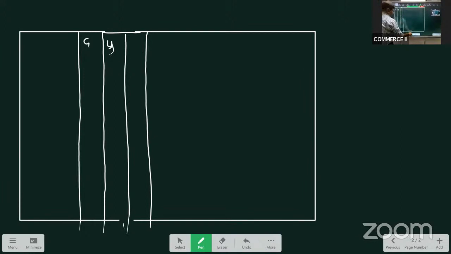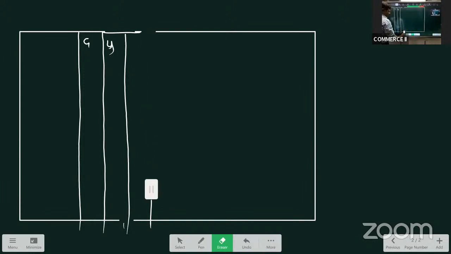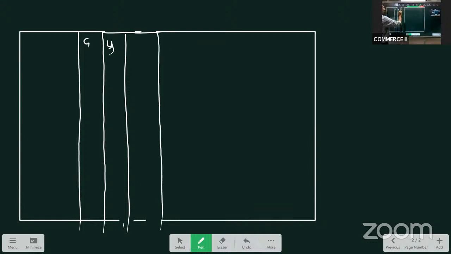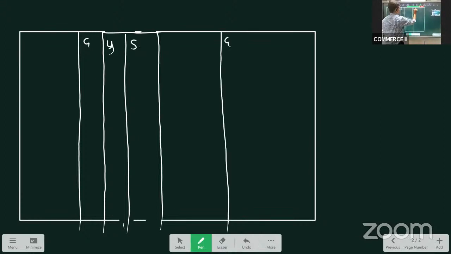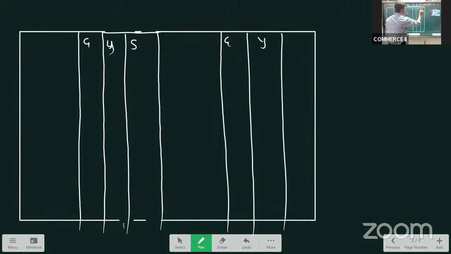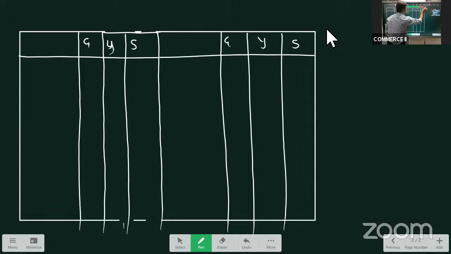Yamuna. This is Saraswati. Similarly, Ganga, Yamuna, Saraswati. This is credit. This is debit. Partners capital account.